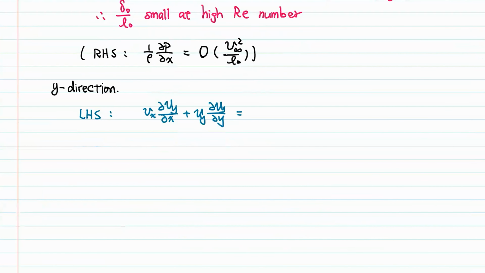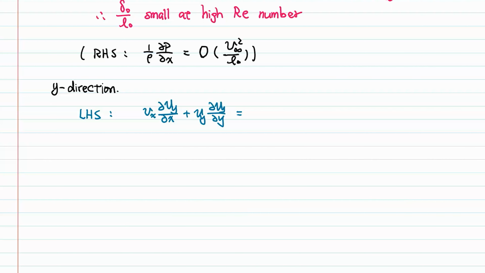Okay, so let's go over the y direction again, just to make sure we are passing on the correct information clearly. So again, let's start from the left-hand side of the equation of motion in the y direction, which is written down here. So if we analyze the problem, we probably should look at both terms. So let's see.